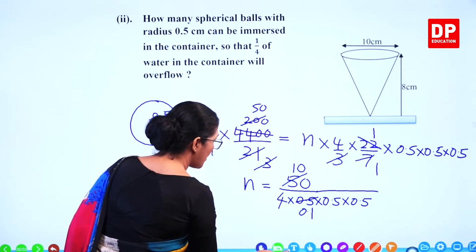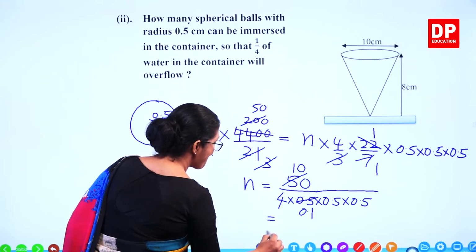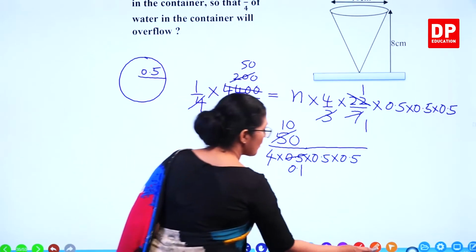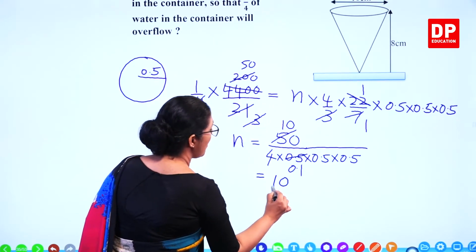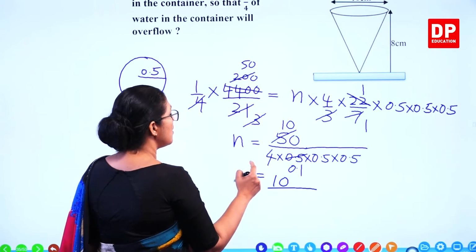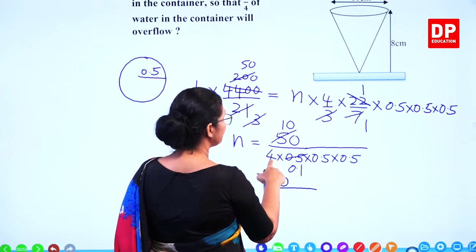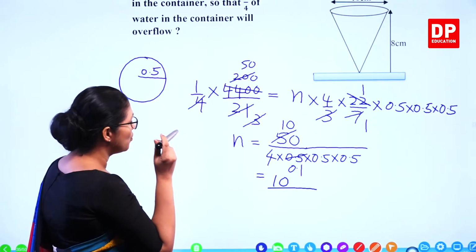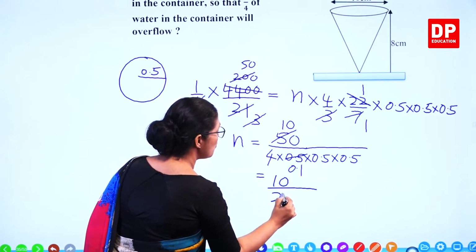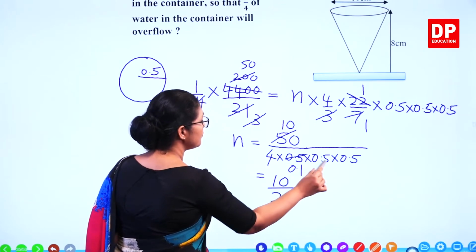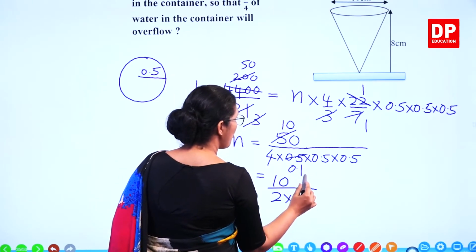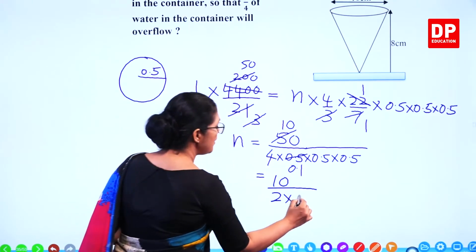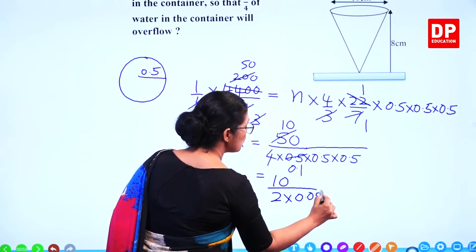So we can multiply. 10 divided by 4 times 0.5, you get 2. 2 into 0.5 and 0.1. 0.5 into 0.1 is 0.05, 2 decimal places.